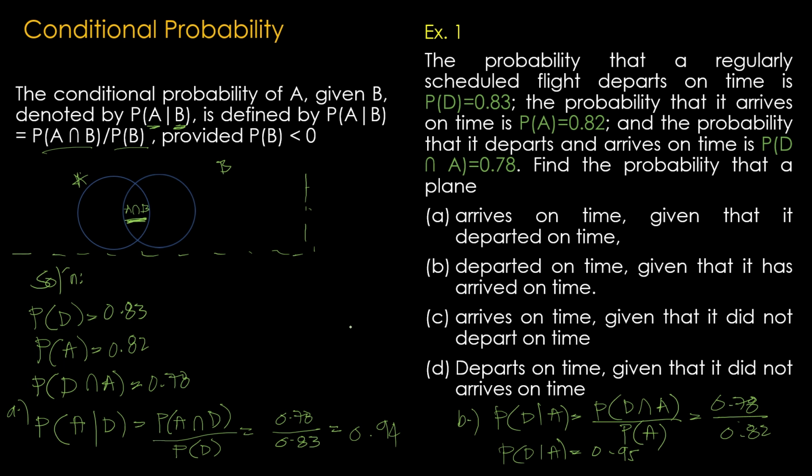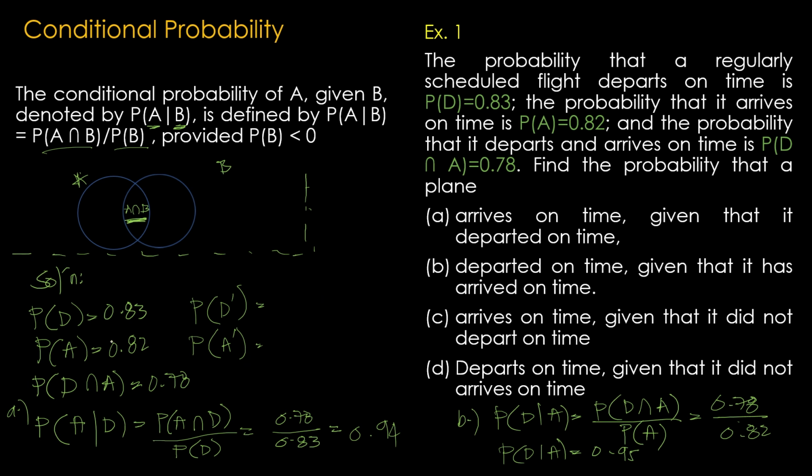It arrives on time given that it did not depart on time. Okay, let's write first the complementary events for event D and event A. What is the complementary event of event D? If event D is a plane which departs on time, then for the event D prime, it means that it did not depart on time.